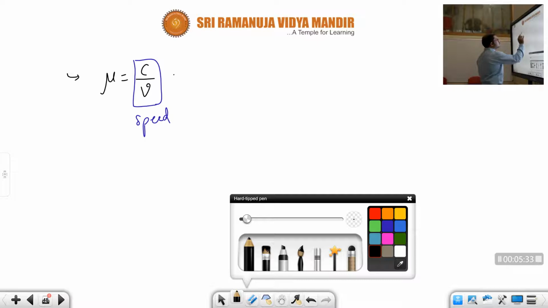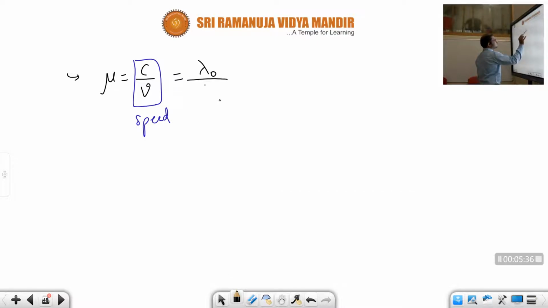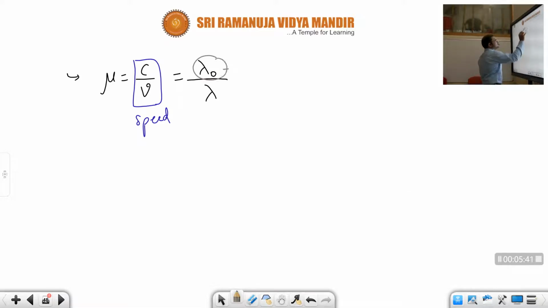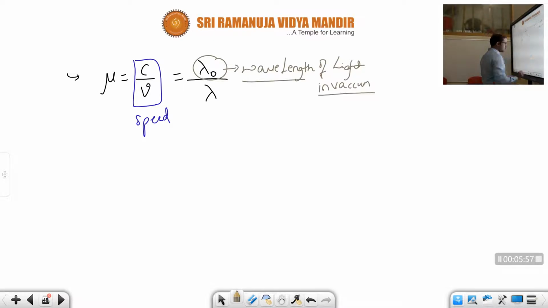Instead of this, we can write like this also: wavelength of light in vacuum by wavelength of light in the given medium.